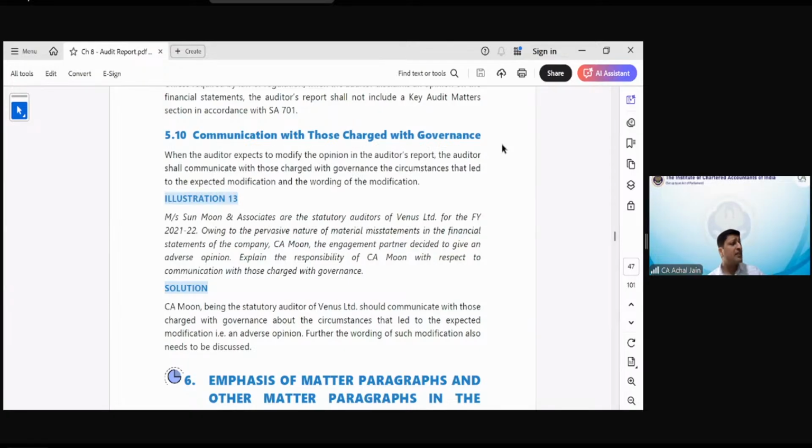Okay. Further, the wordings of such modification means the way it will come out in the audit report. That also needs to be discussed. Generally, auditor will present a draft audit report to them. So that's how this discussion takes place. Okay, a draft version will be shared with them. That will be discussed with them. Okay, clear?